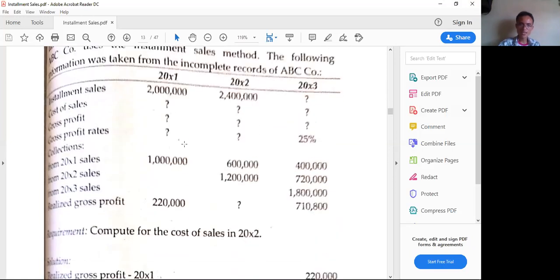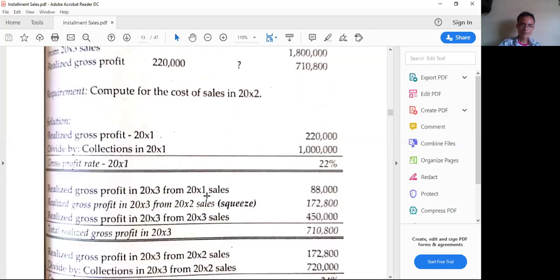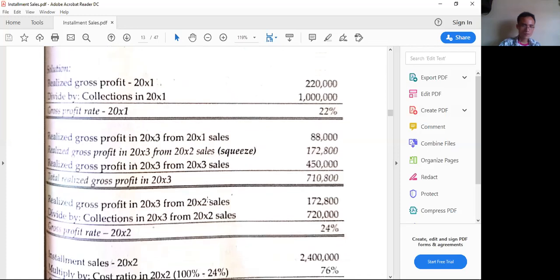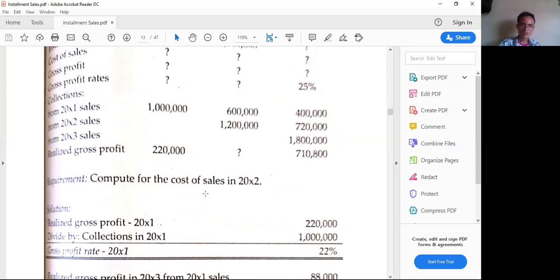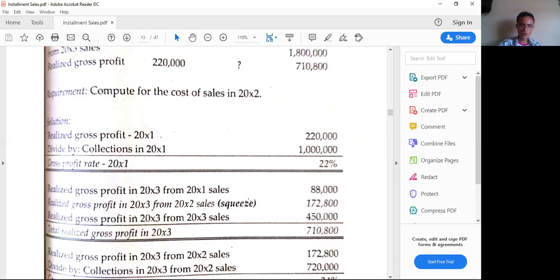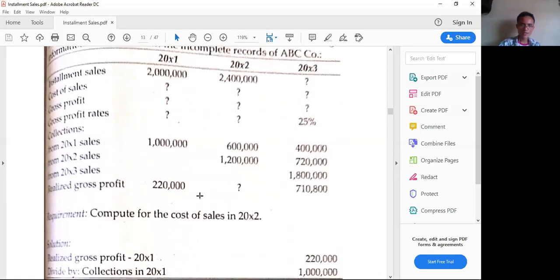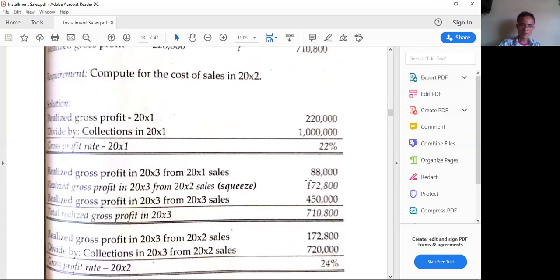Okay, we are correct. For 20x2, we are given the realized gross profit total in 20x3. So 400,000 multiplied by 22%, that's 88,000.